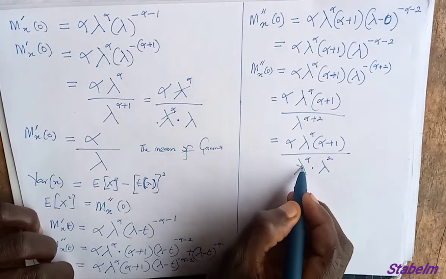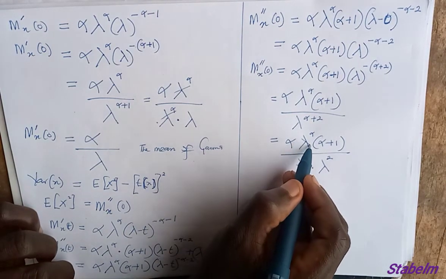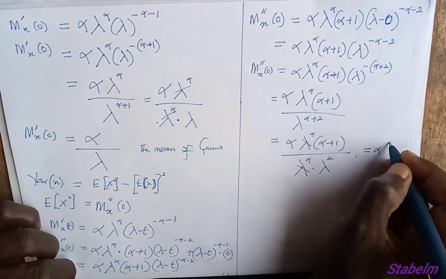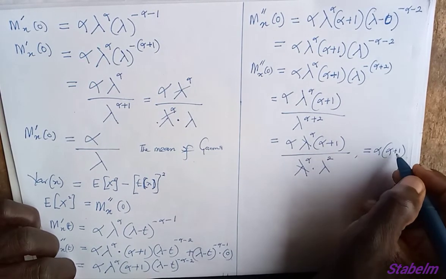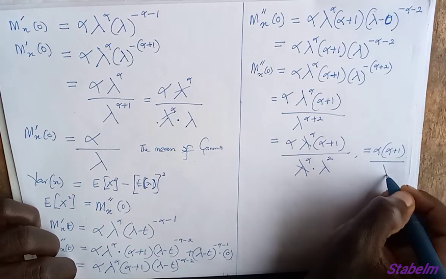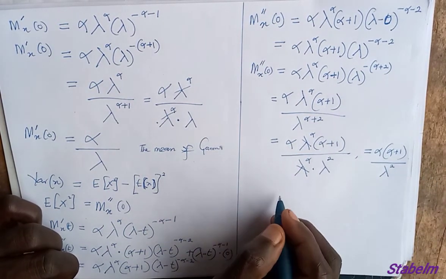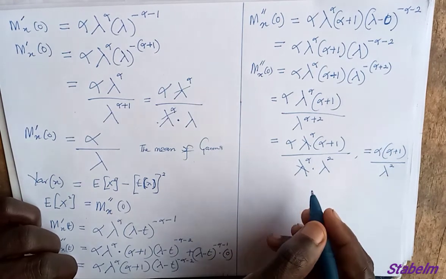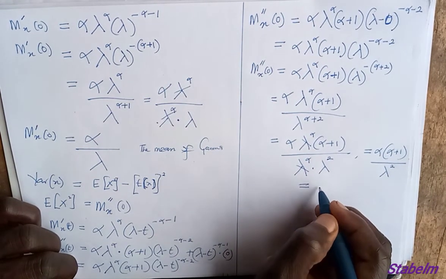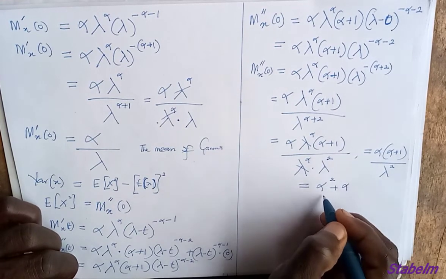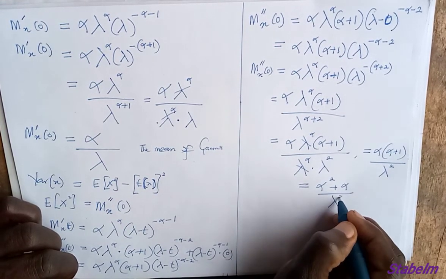Therefore, lambda raised to power alpha will cancel this lambda raised to power alpha. So what do we have left here? We are going to have alpha into bracket alpha plus 1 divided by lambda raised to power 2. So if we open this bracket, finally we're going to have alpha square plus alpha divided by lambda raised to power 2.